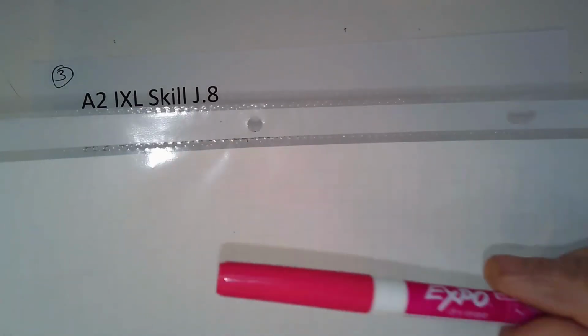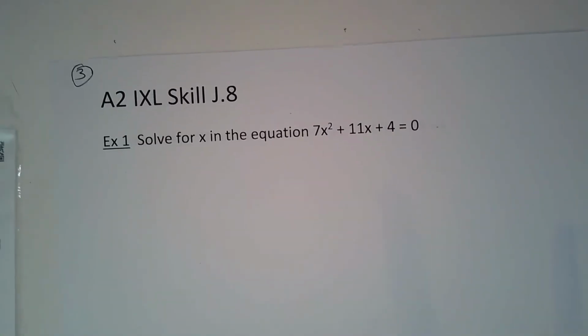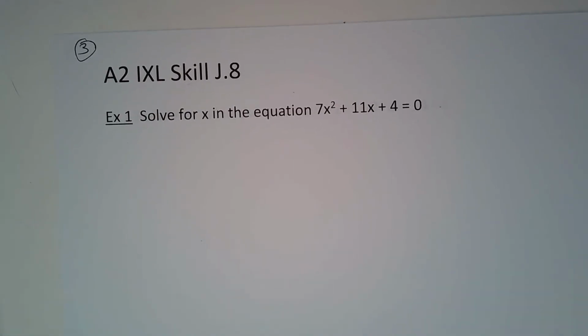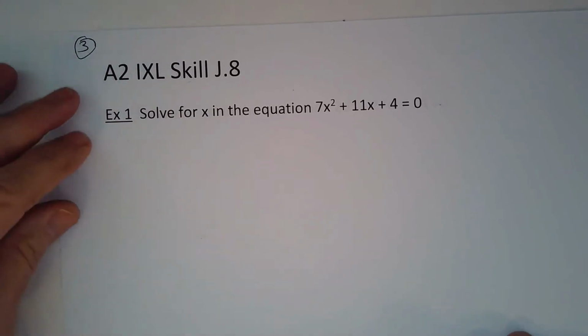And again, remember that if you use a dry erase marker with this, then erase, you've got the ability to do your problems over and over again on one sheet of paper. All right, so let's go on to the first of two examples that we're going to do.